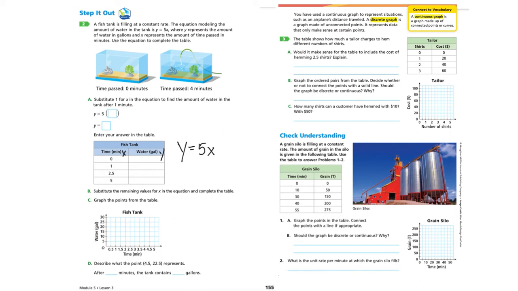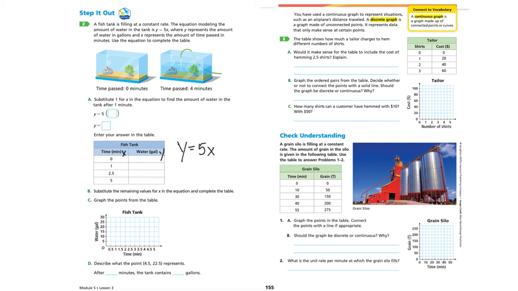For example, the airplane or the fish tank, you can connect all those points because there are little milliseconds in between each minute or half minute or whatever. But on a graph like this or a table like this, you have to think about, would it make sense to include the cost of hemming 2.5 shirts?